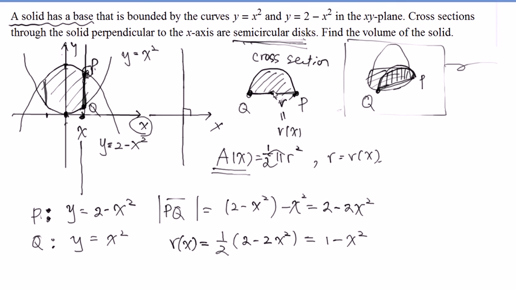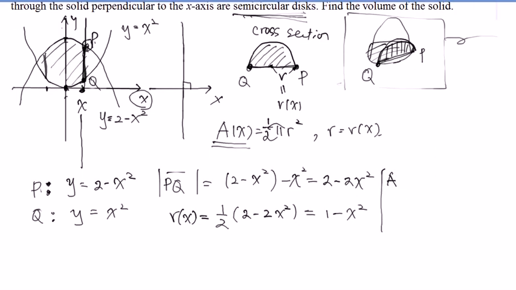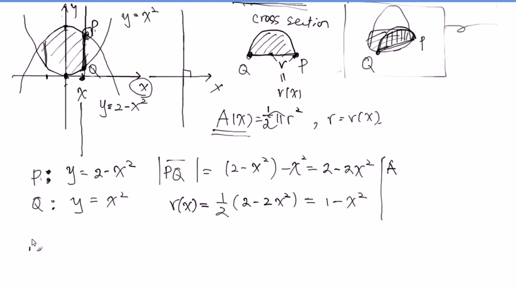So finally, what we really want to know is A of x. What is A of x? 1/2 times pi times r squared. What is r? 1 minus x squared. Good?